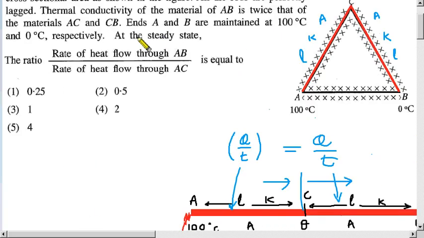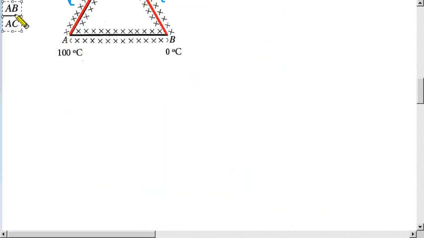What we have to find out is the rate of heat flow through AB divided by AC. So that is why we need. So let us take it here. This is the real question we have. This one is what they want us to find out. So what is the rate of heat flow?